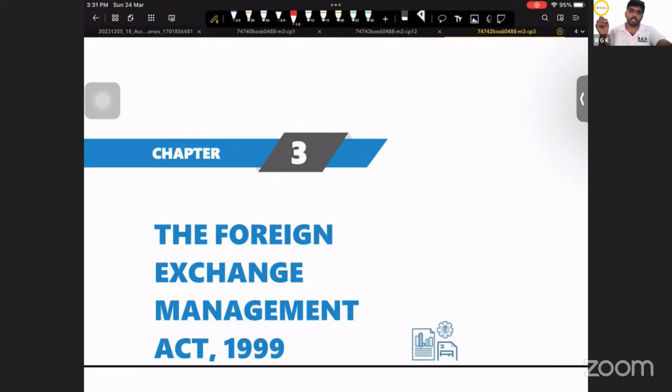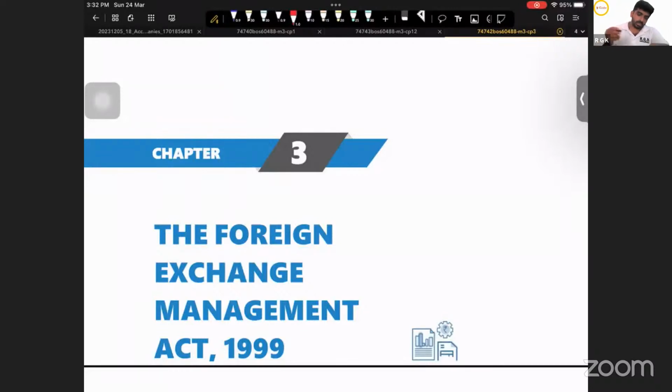So, Foreign Exchange Management Act 1999, a new chapter for CA intermediate level. Of course, it was very much a part of the syllabus of CA finals. Now it has been introduced as a part of the CA foundation, CA intermediate syllabus.